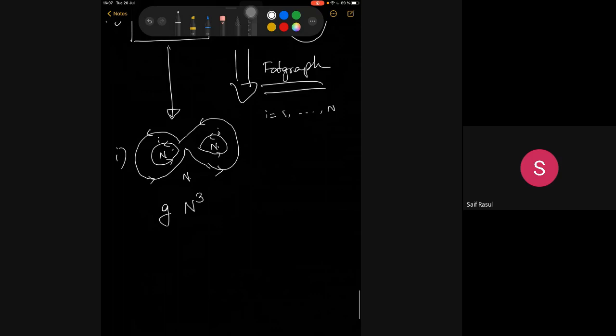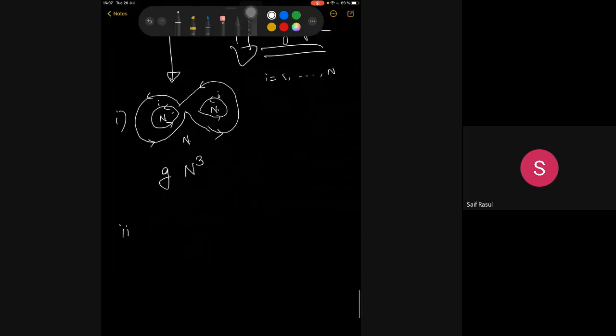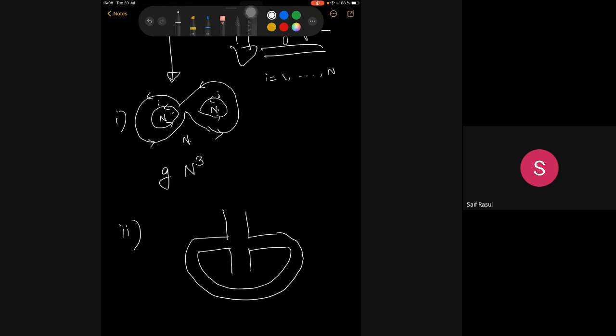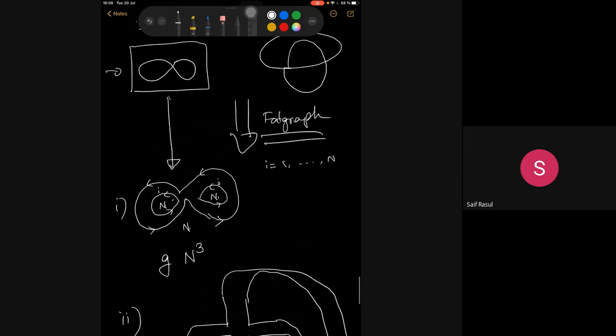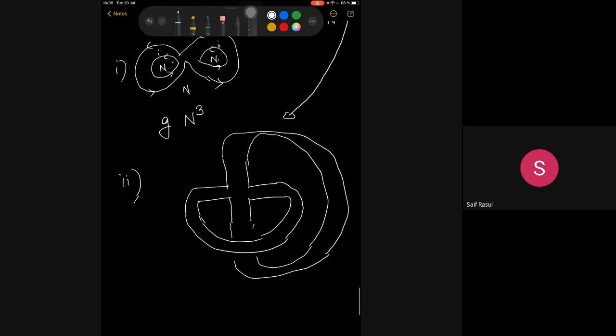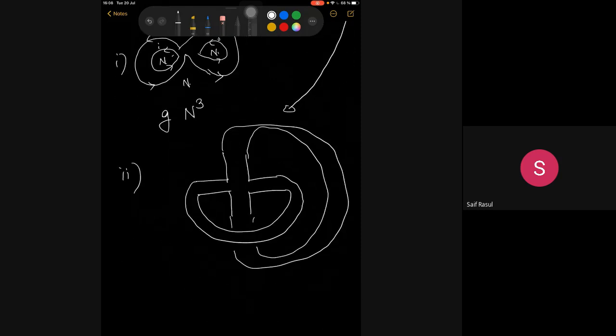And the second one would look something like this. This graph in double line notation, or fat graph notation, looks like this.